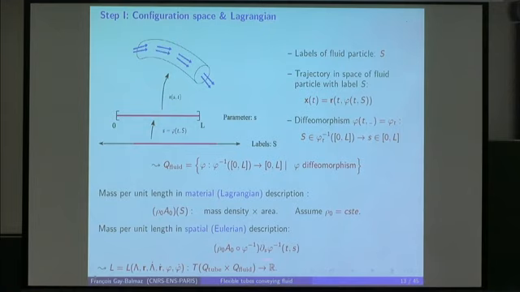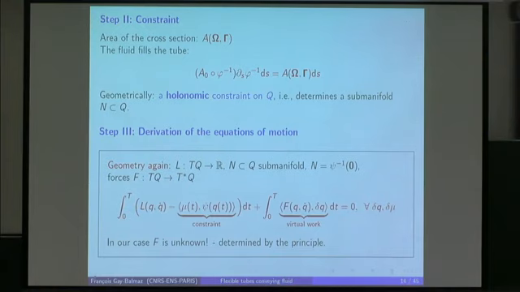It's a one-dimensional density, so it transforms like that. And once we have this, we are ready to include the constraint. So let me see how this works. So that's the density of the fluid times ds, so it's a volume. It's an infinitesimal volume occupied by the fluid at a certain configuration.